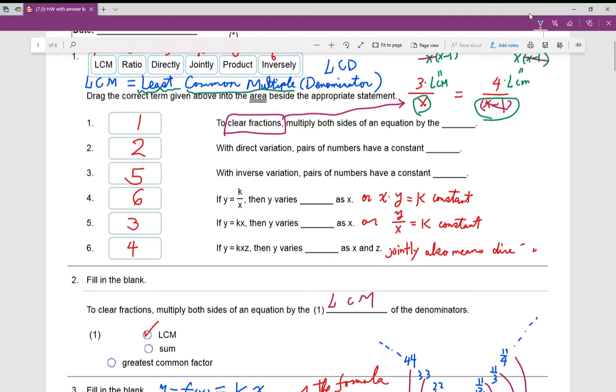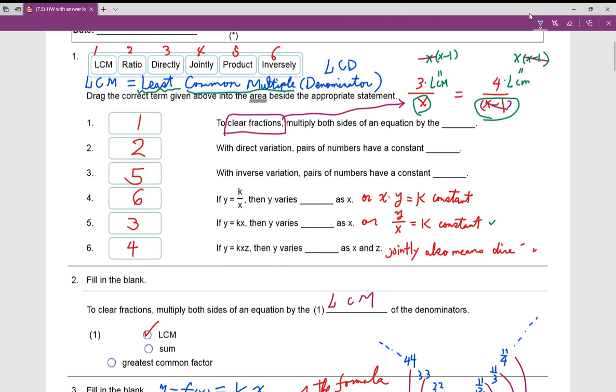Okay. Now, number 2, the direct variation. Remember I said the direct variation is which one? This one, right? When you solve for y, x is on the numerator.